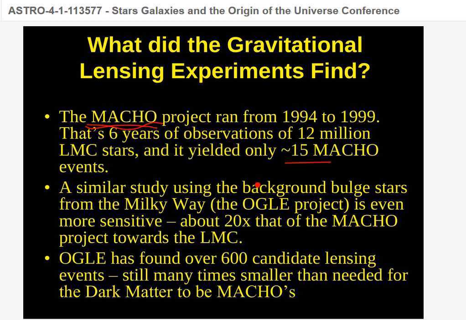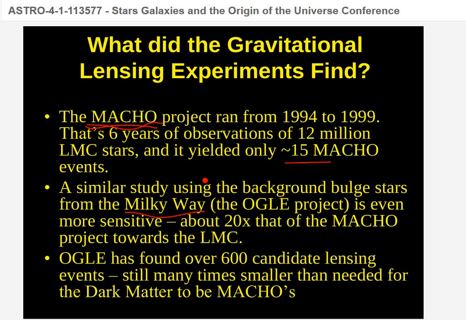So they said, well, let's use the bulge stars of the Milky Way. I mean, we do have Baade's window. We do have a little region where we can see the outer bulge of the Milky Way. We can get lots and lots of stars on one CCD chip, more than the LMC people could.